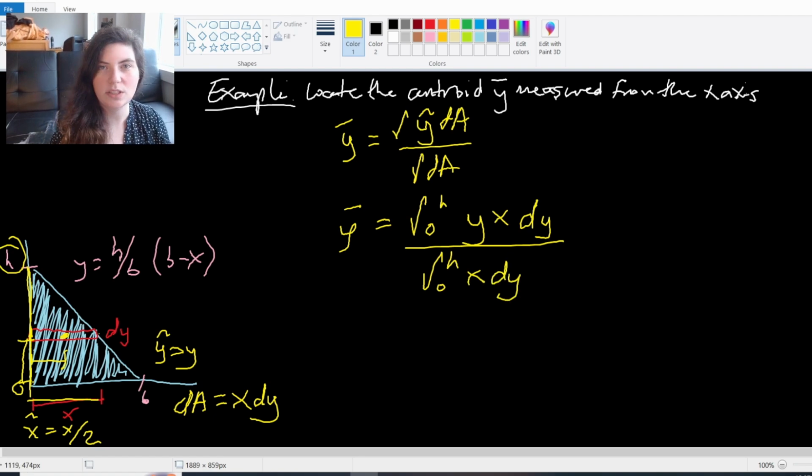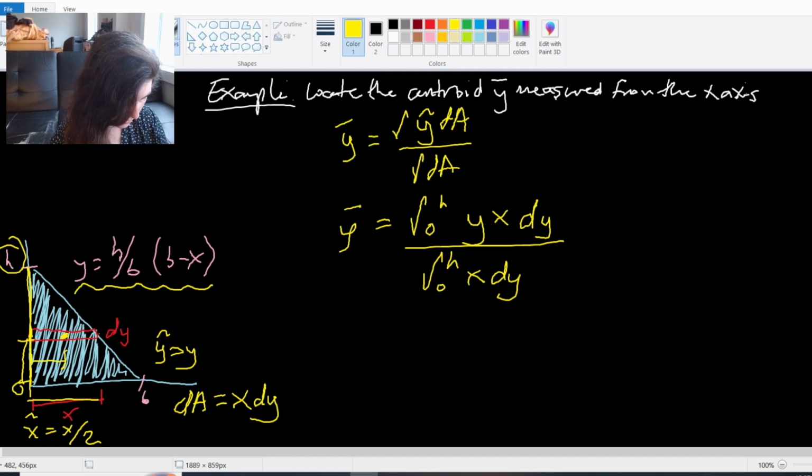Now the only problem in here is my x. I don't know what x is. I can't integrate an x. I need to convert it over to a y. But luckily I have the equation they gave me that I can rearrange to get x in terms of y and substitute that in so I can actually perform this integral.